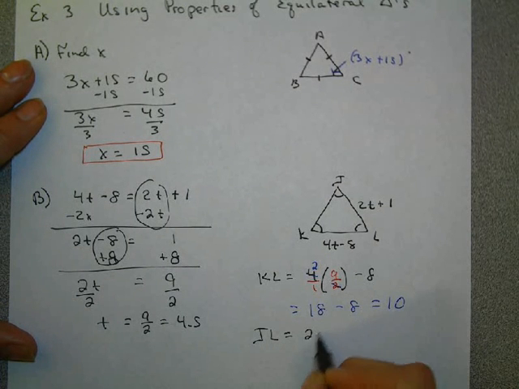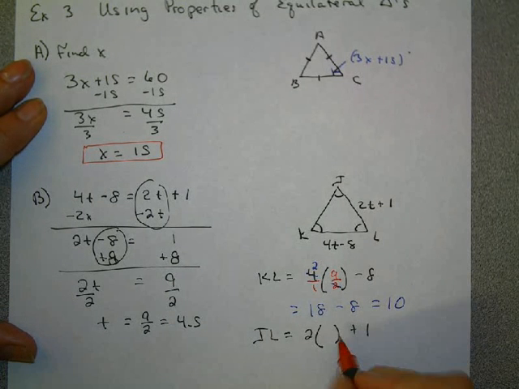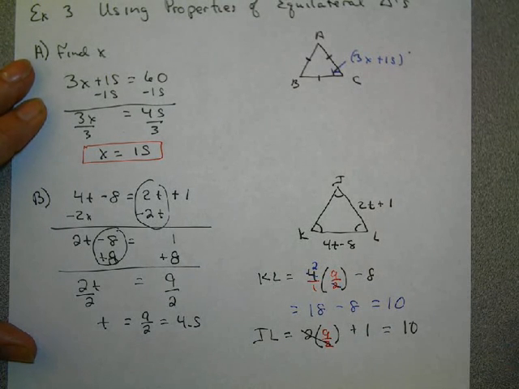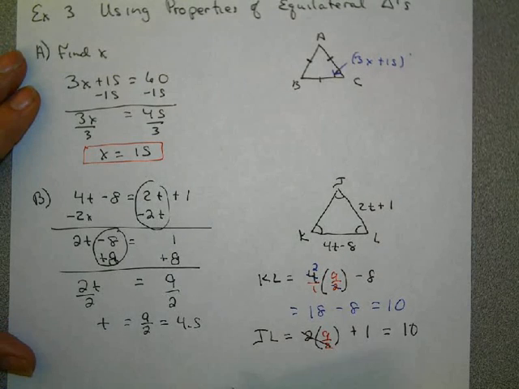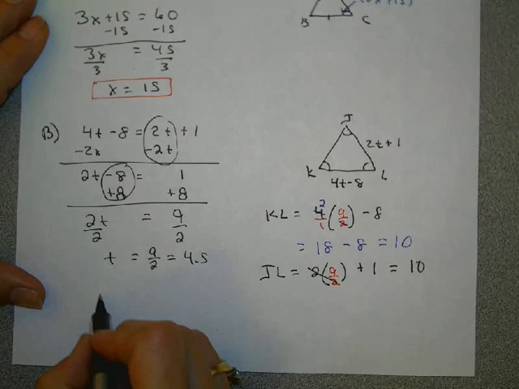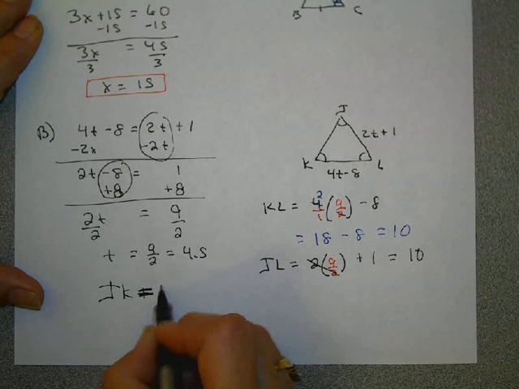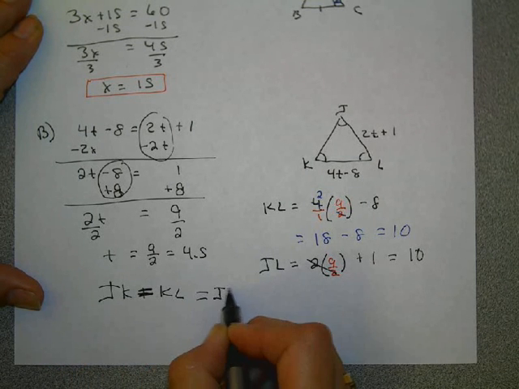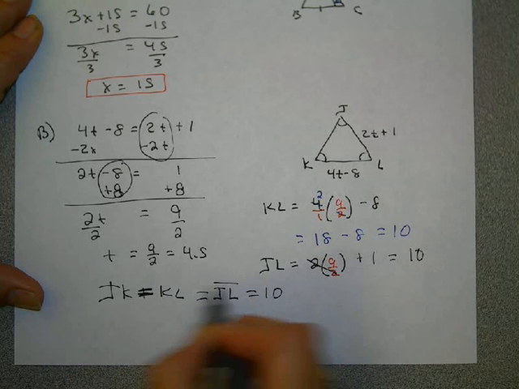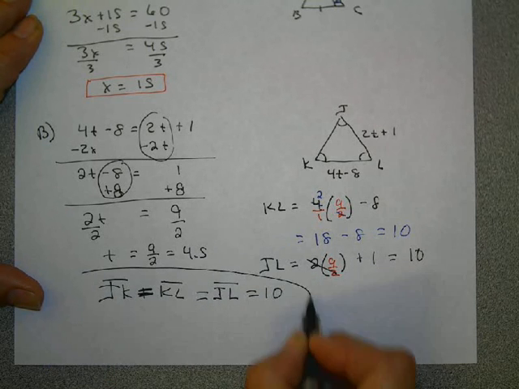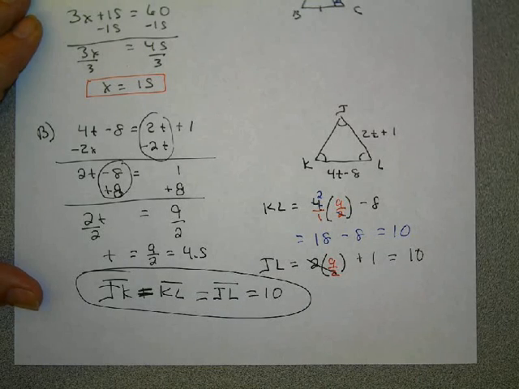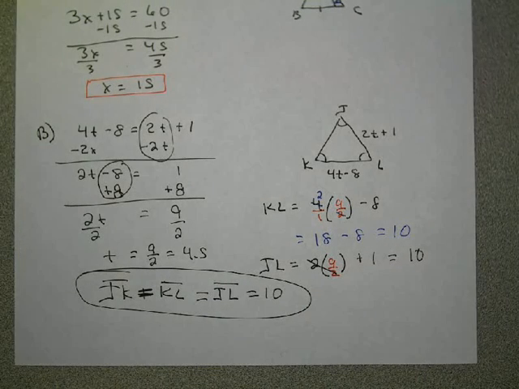I'll say 2 times, I need to put in t, and I'm going to put in 9/2 again. Well, then it's even better, because 2 goes into 2 once, and I just have 9 plus 1 is 10. So I know all three. I can say that JK equals KL equals JL equals 10 units. Every single one. They're all the same. Every one equals 10, because all three sides are the same.